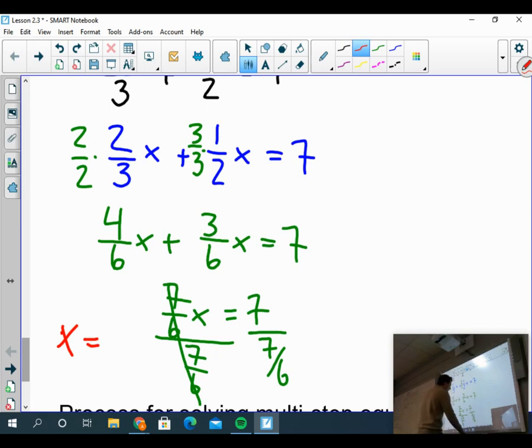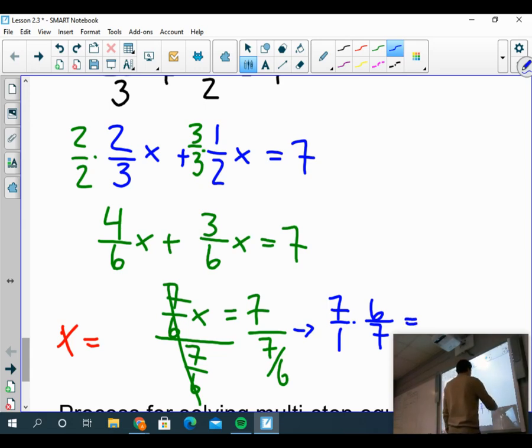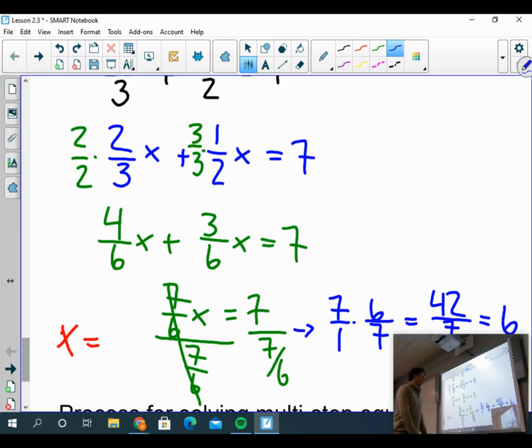And on the right side, I have to do 7 divided by 7 over 6. But we know when we divide fractions, we just multiply by the reciprocal. Instead of dividing by 7/6, I multiply by 6/7. I get 42 over 7, which is equal to 6.